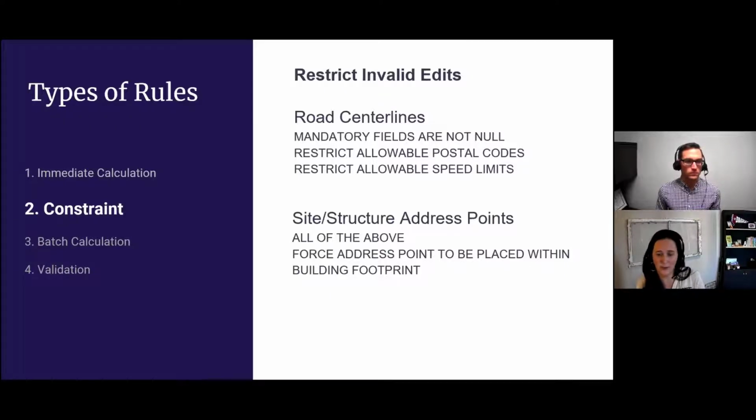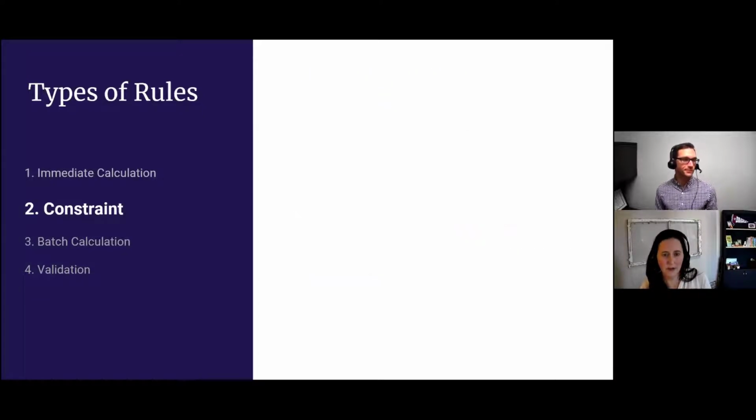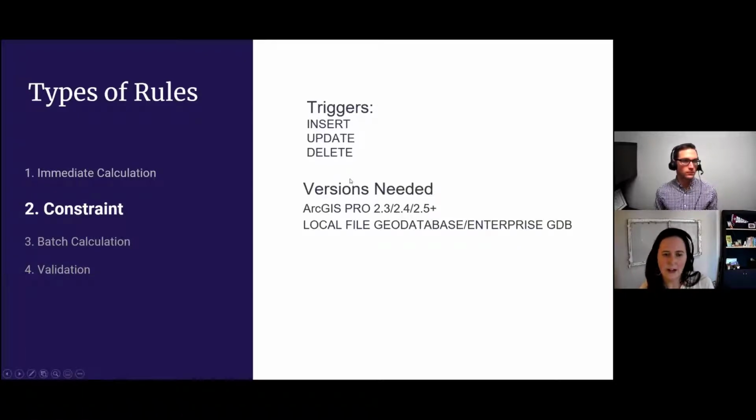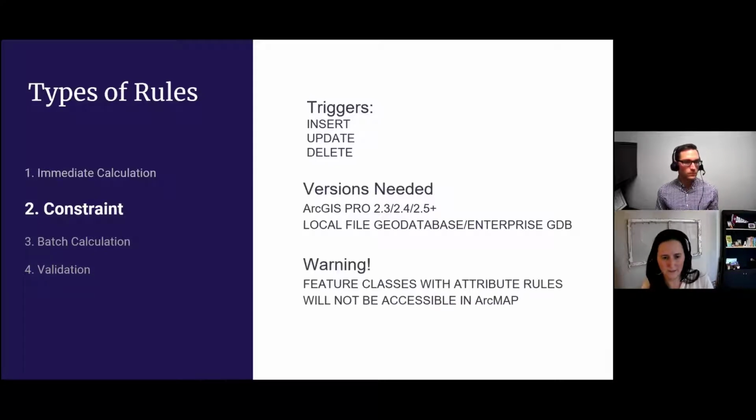If you knew your building footprints were up to date and you wanted to make sure that every address point you created fell within one, you could force that to happen. And those are the same triggers: insert, update, and delete. Similar to what you need there. ArcGIS Pro, again, I would just say do 2.7. And then depending on what you wanted, you may need an enterprise geodatabase.